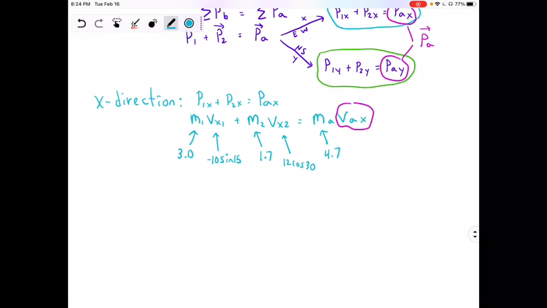Substituting our numbers in, I'm going to take the negative sign out of v1x and put it out front. So we have negative 3 times 10 sine 15 plus 1.7 times 12 cos 30 equals 4.7 v after in the x direction.